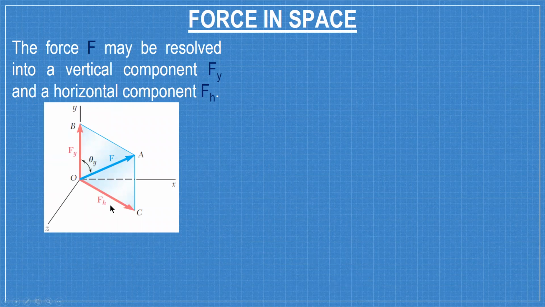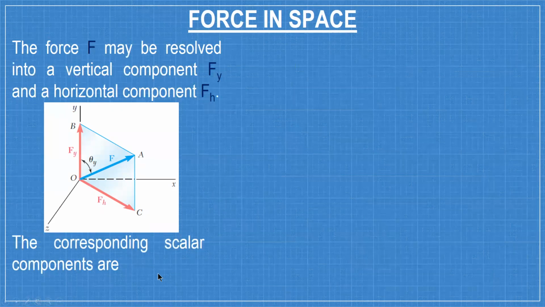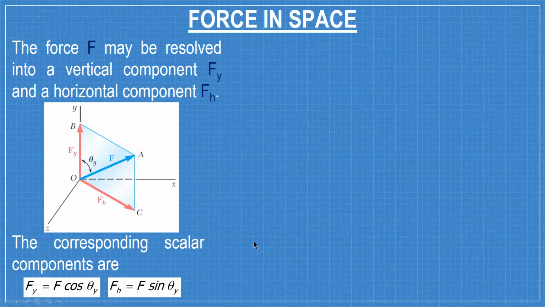Based on the figure, for this right triangle OEB, Fy is the adjacent side considering this angle theta sub y, and Fh, this one, is the opposite side. So the corresponding scalar components are Fy equal to F cosine theta y and Fh equal to F sine theta y.